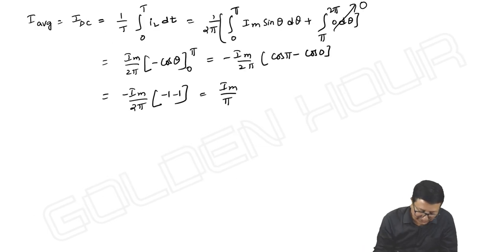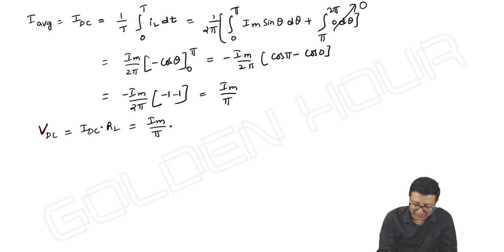And what about VDC? VDC is equal to IDC into RL, that is Im by pi into RL. What is Im? It is Vm by Rs plus Rf plus RL, multiplied with RL.